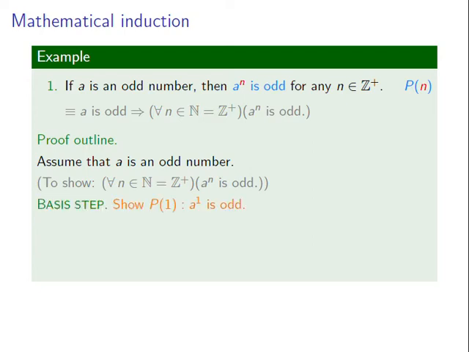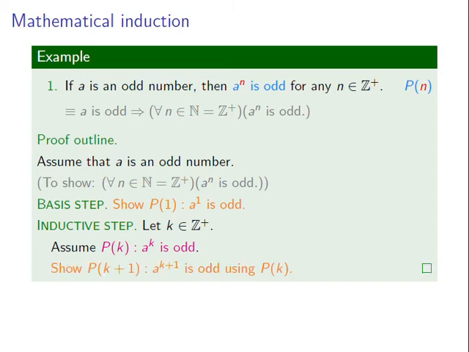For the basis step, we need to show P of 1, which is the statement a raised to 1 is odd. For the inductive step, let k be an arbitrary positive integer, and assume P of k, which is the statement a raised to k is odd.